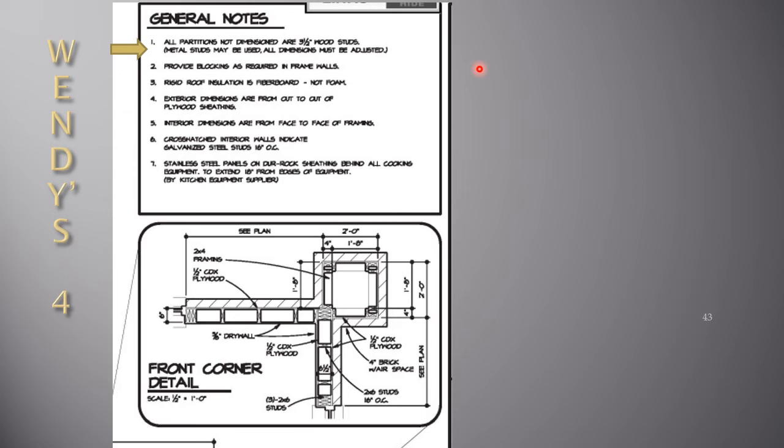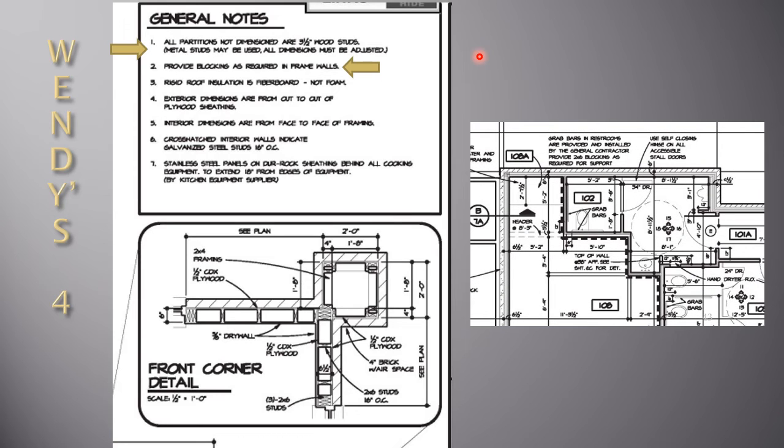It also tells us in note number 2 to provide blocking as required in frame walls. And that brings us to the note by room 102, which says that grab bars in restrooms are provided and installed by the general contractor. We'll talk a little bit more about being provided and installed by whom later. But it does say to provide 2x6 blocking as required for support.